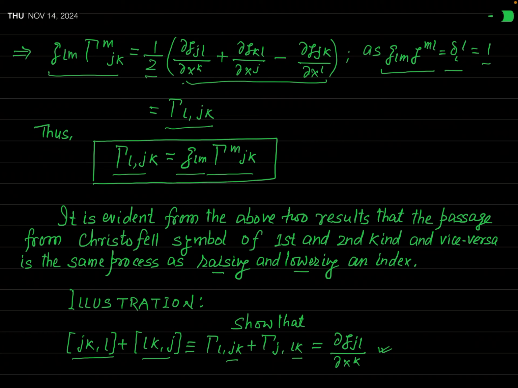This problem can be easily solved. You only have to remember the definition of the first kind of Christoffel symbol. Applying the definition and a certain property of symmetric tensors, you can easily prove this result.